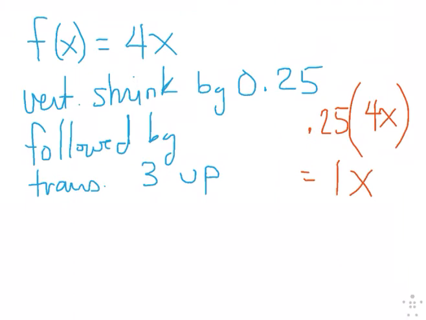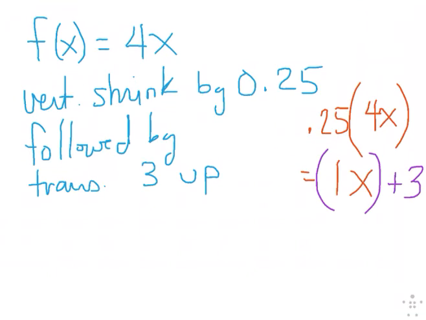Now it says, followed by a translation 3 units up. Is up on the inside or outside? Outside. So I'm going to put a giant parentheses around that and put up 3. And from here I would combine like terms if I had them. Do I have any like terms to combine?